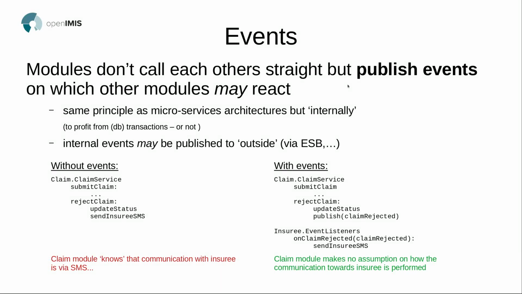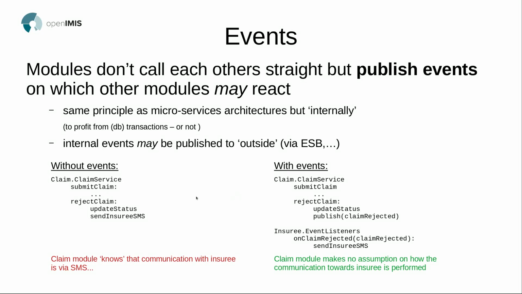So this allows us to have event processing within openIMIS within one single main transaction, or to detach the processing of the events to an isolated transaction if needed. Internal events may also be published outside openIMIS via an ESB or such technologies. This makes openIMIS also easy to integrate with microservices-based solutions.